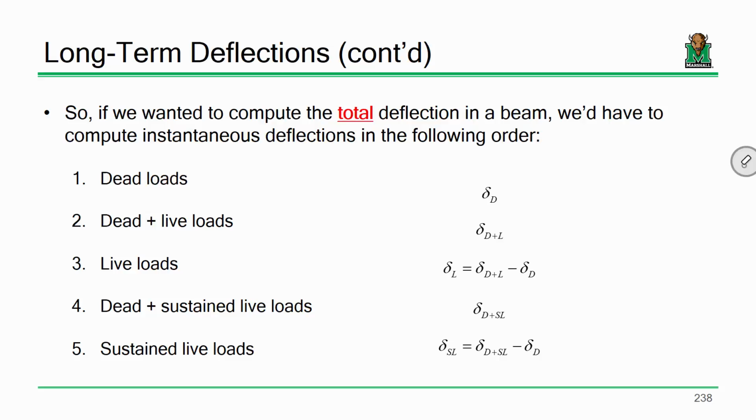It's just a function of bookkeeping. So you'll compute your dead load deflection, your dead plus live, and your live load deflection, which is basically what we just did. You would do an additional calculation of what we call the dead plus sustained live loads. You'll say, okay, maybe 30% of those live loads are sustained over the design life. So you'll get your sustained live load deflection.